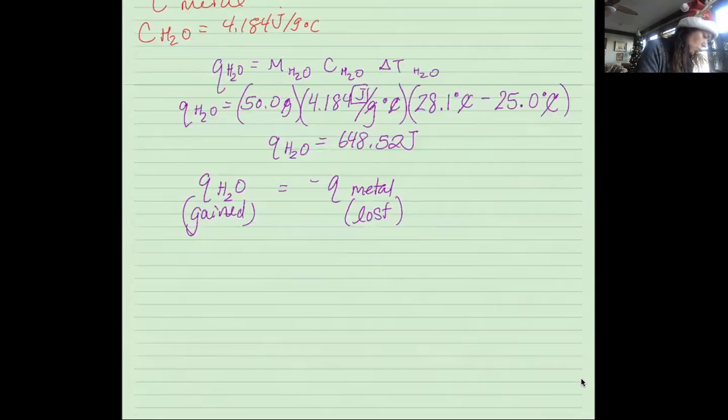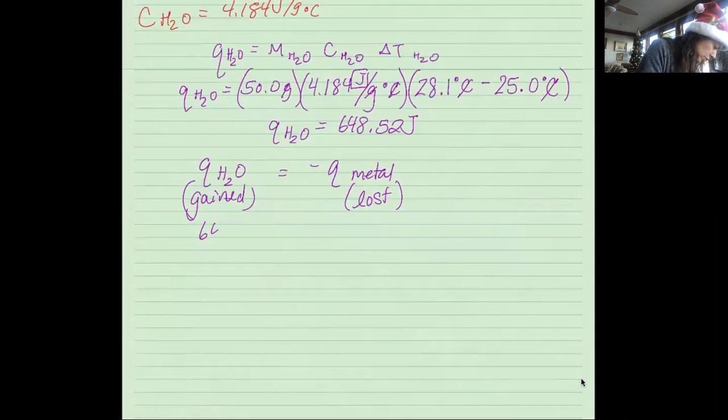Well, we see that the water gained 648.52 joules. Therefore, the metal lost 648.52 joules.